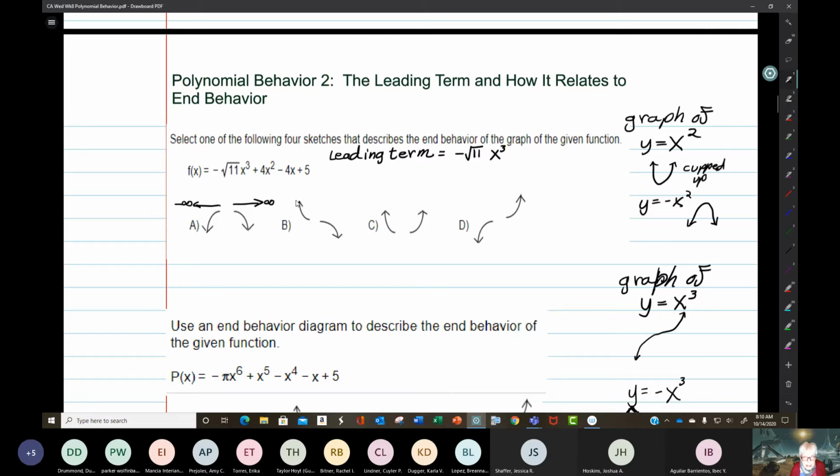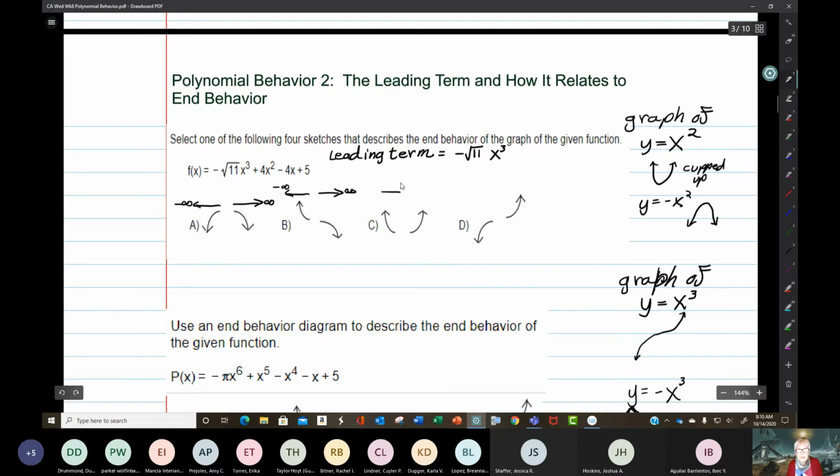These drawings are called end behavior. Negative infinity, positive infinity. For those who wonder what's happening way, way out on the left and way out on the right on the x-axis.